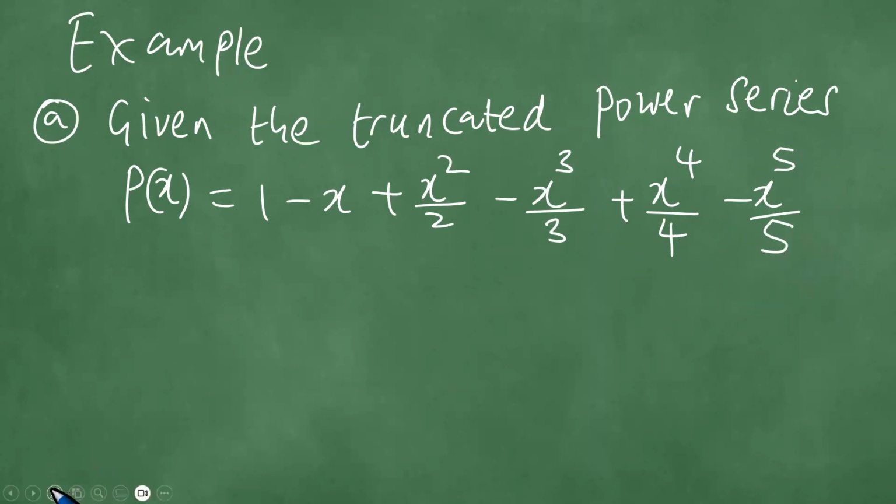Okay, so we have this. Given the truncated power series, which is this, when it's a power series, the power series ordinarily are infinite, have an infinite number of summands or terms. Now, this one is truncated in the sense of it's terminated.